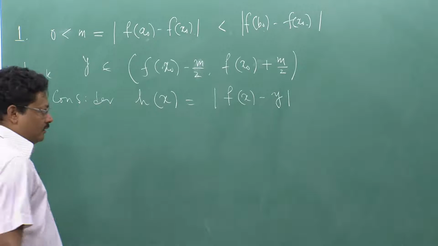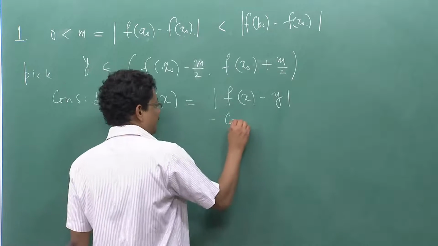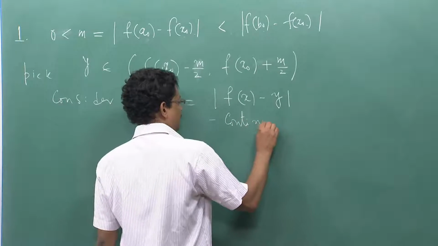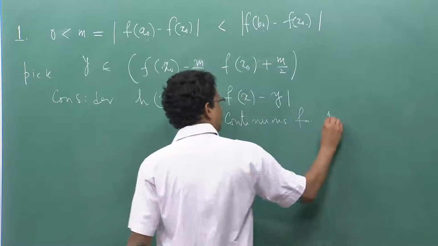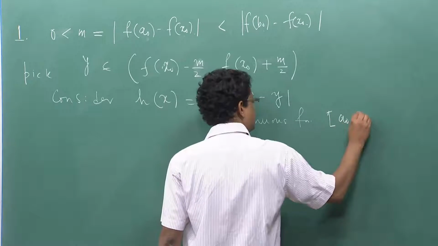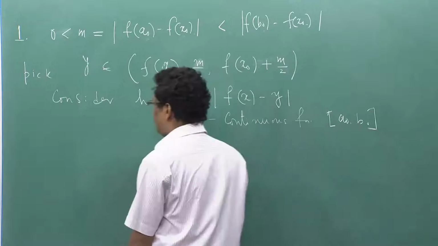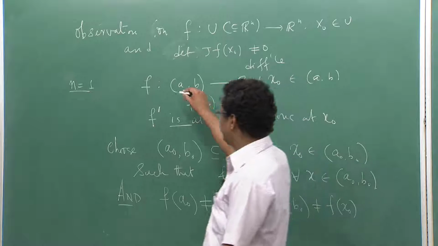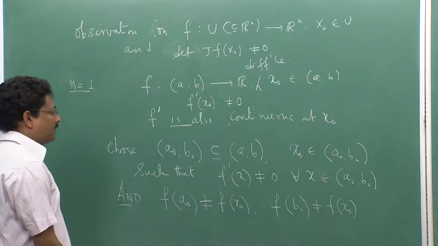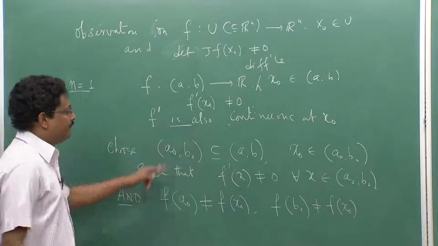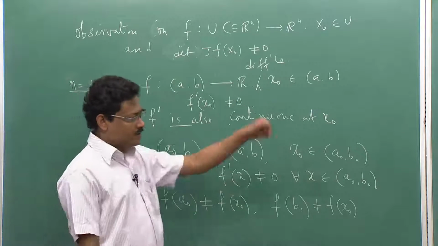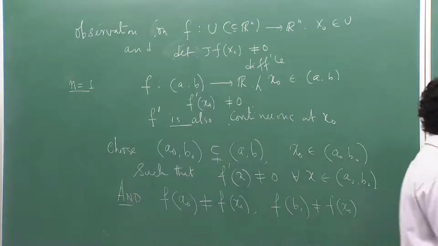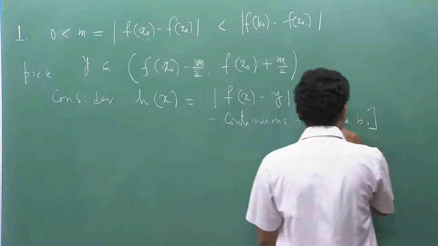So this is a continuous function, right, and continuous on the closed interval a naught b naught, because f is continuous in a bigger interval.